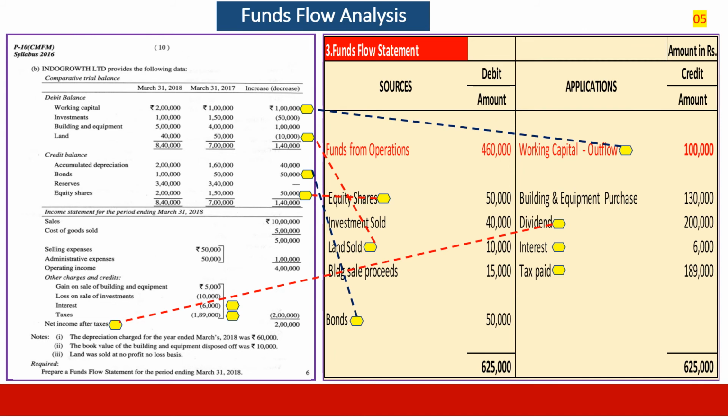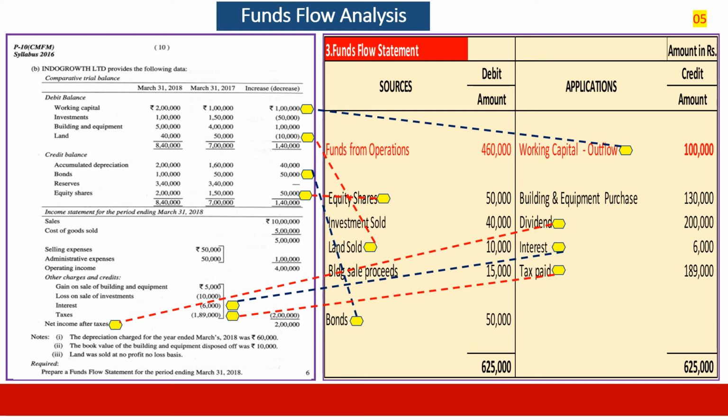Current year, we have got proposed dividend or net profit after taxes, 2 lakhs. And we post interest paid, 6,000, tax paid 1,89,000. That is linking of existing items from the trial balance which is given.